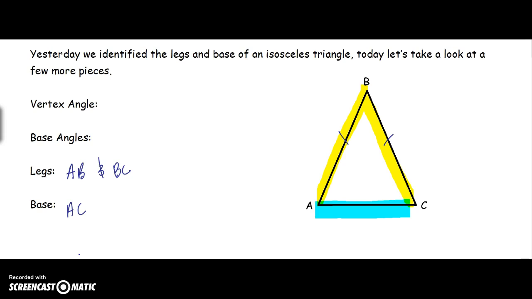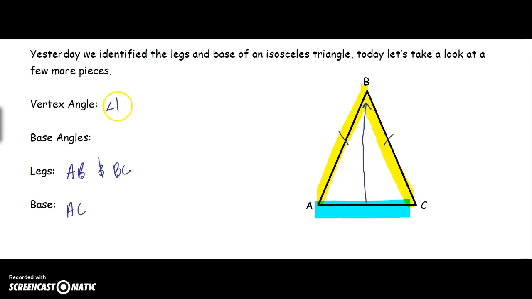We haven't yet talked about the angles. Now the angles correspond with the sides. If you remember back to putting them in order from smallest to greatest, we always moved across the triangle. So across from the base is angle B, and that's called the vertex angle.